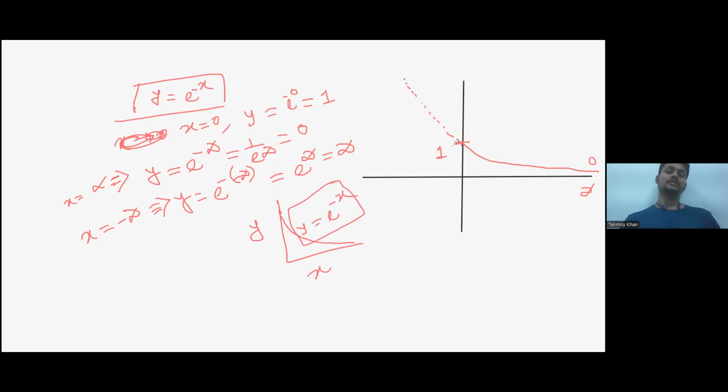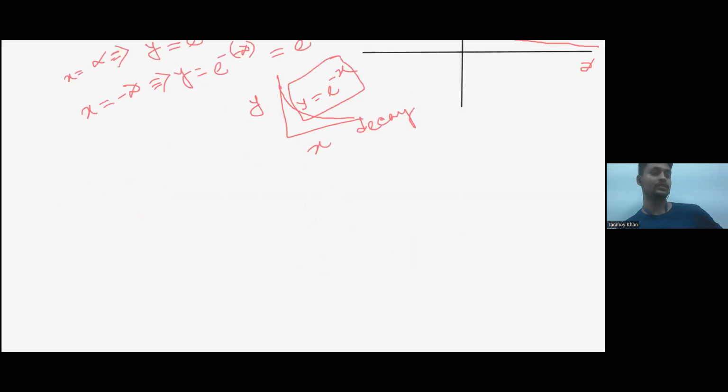This plot is generally called decay. It starts from a value 1 and keeps decreasing, becoming 0. So any kind of excited state process or anything dealing with population looks like this, e to the power minus x. It is a very, very important thing.